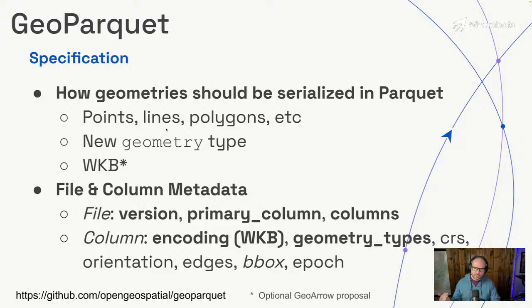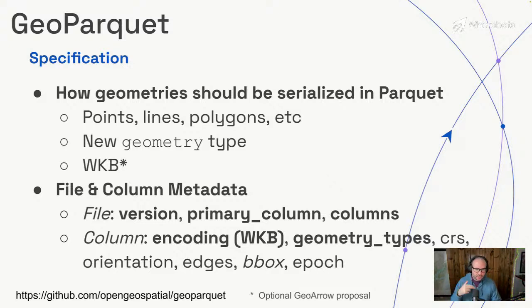Then the other concept is talking about what file and column metadata should be stored. So at the file level, things like the version of the GeoParquet spec that the file is using. We can store multiple geometry columns in GeoParquet, so specifying which is the primary geometry and then what columns are geometry columns.